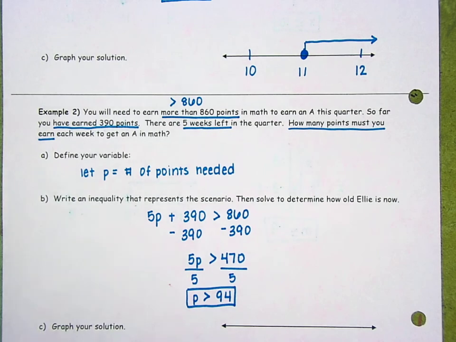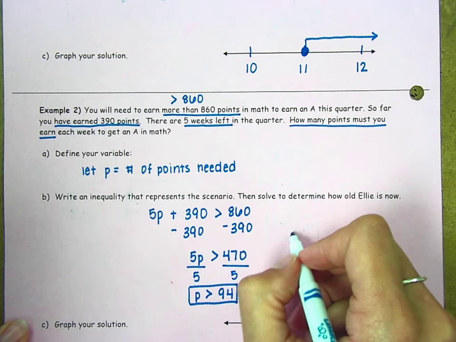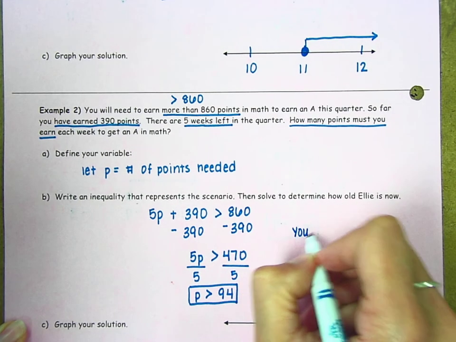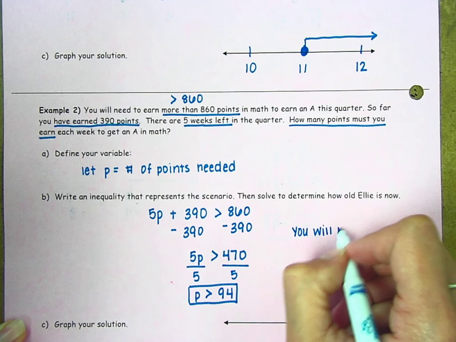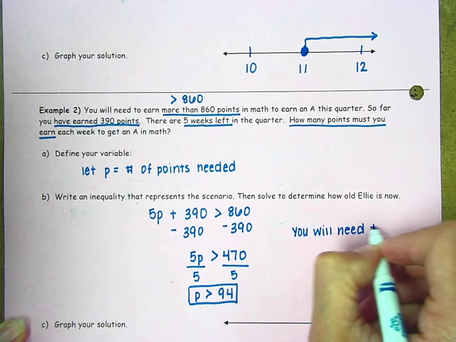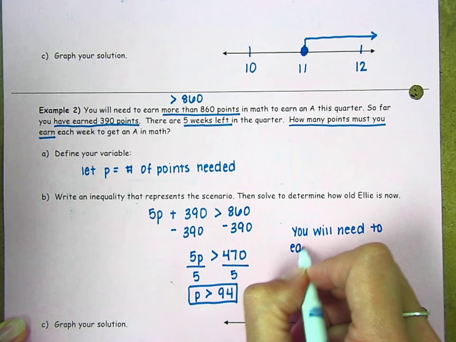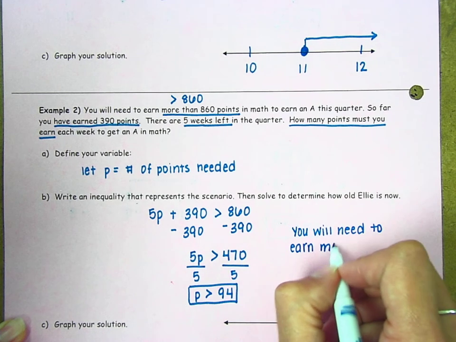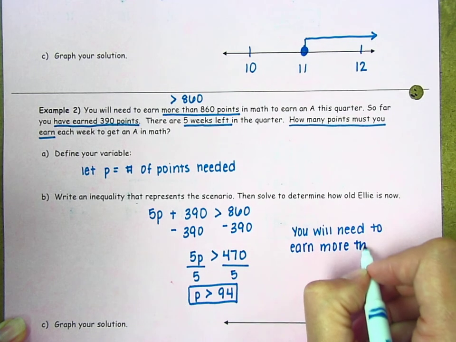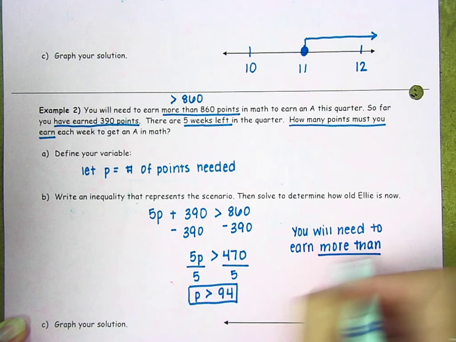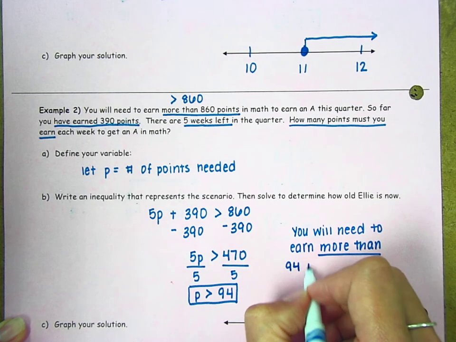This solution means that in order to earn more than 860 points, you will need to earn more than 94 points each week.